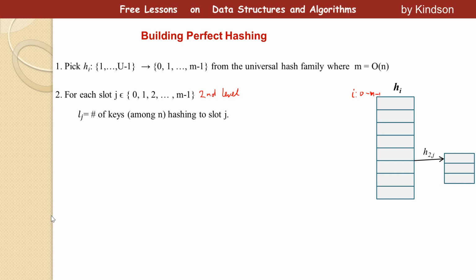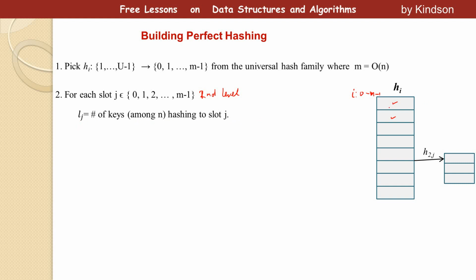So at this point we are talking about each slot. For this slot, Lj is the number of keys hashing to slot j.